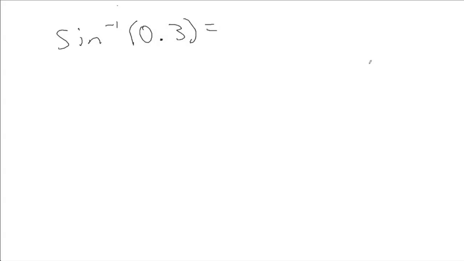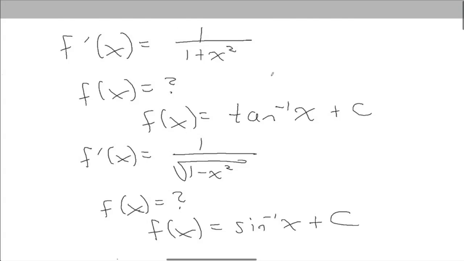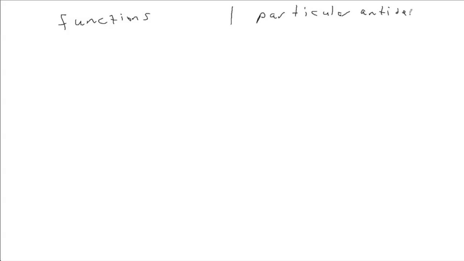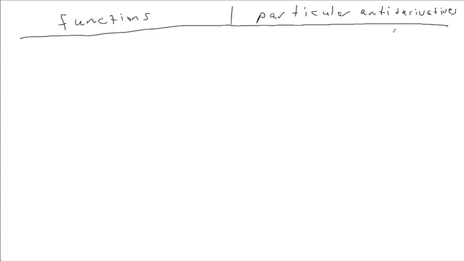Okay, let's see where we're at now. I don't have it still anymore, but remember that earlier we had made a table of functions and their particular antiderivatives. So now we have some new entries to add to that table.